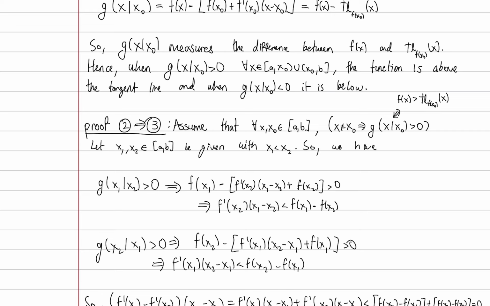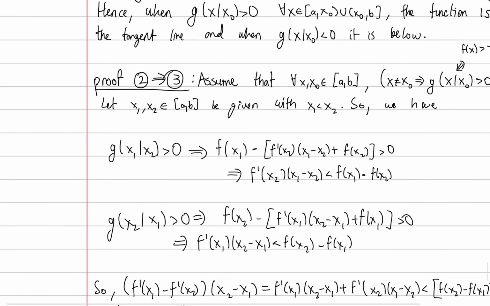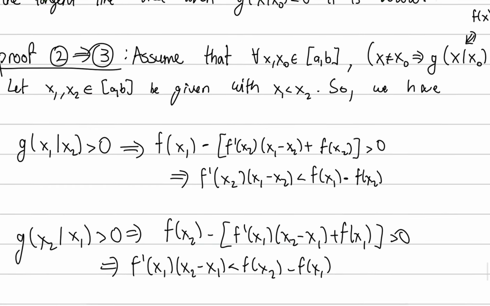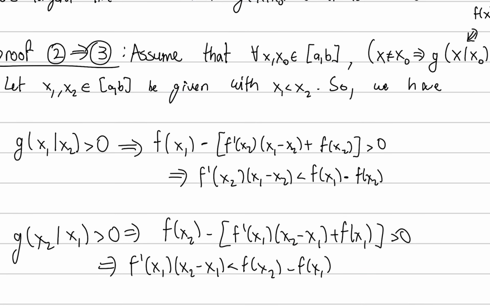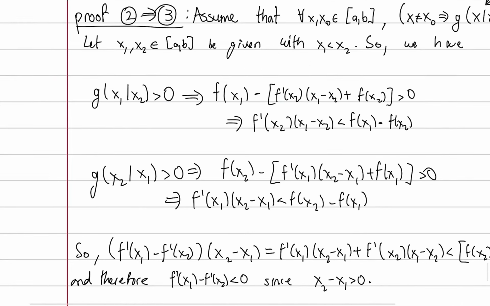We're going to first compute g of x1 bar x2, which we know is positive, given, which is f of x1 minus f prime of x2 times x1 minus x2 plus f of x2. That's positive. So f prime of x2 times x1 minus x2 is less than f of x1 minus f of x2. And by flipping x1 and x2, we get this result, okay?